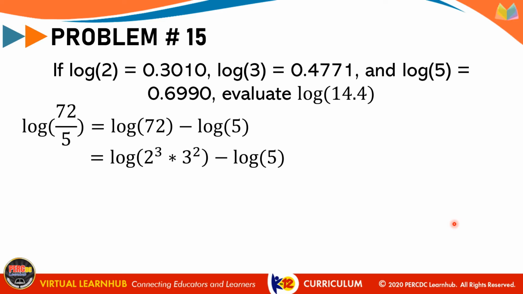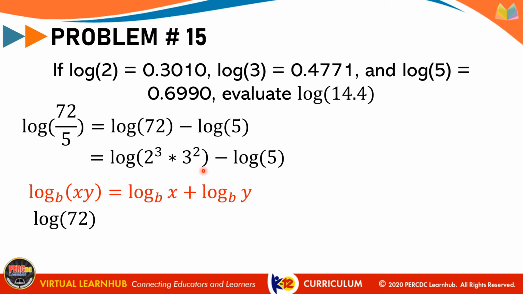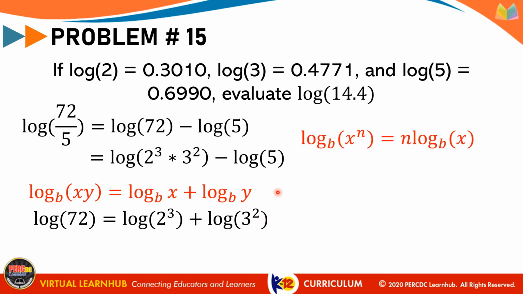Using the property of the log of xy to the base b equals log of x to the base b plus log of y to the base b, we can express log of 72 as log of 2 cubed plus log of 3 squared.